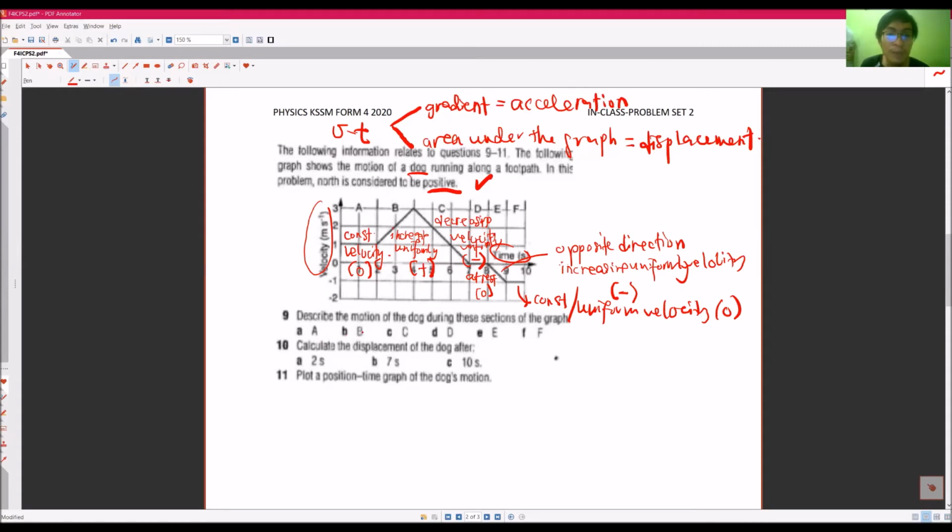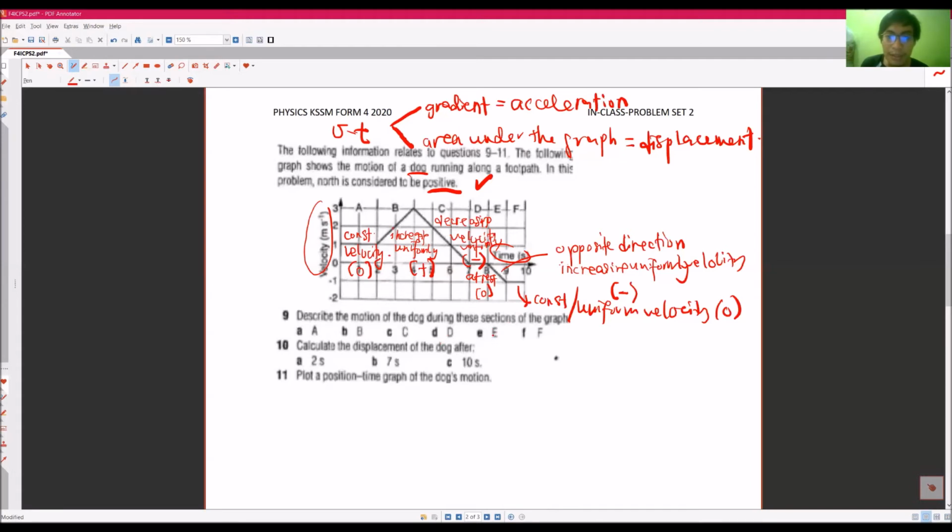B, increasing velocity uniformly, or positive constant acceleration. C, the dog moves with decreasing uniform velocity, or negative constant acceleration, or constant deceleration. D, the dog is at rest, doesn't move, zero acceleration.